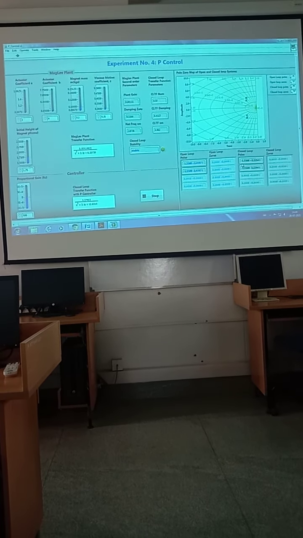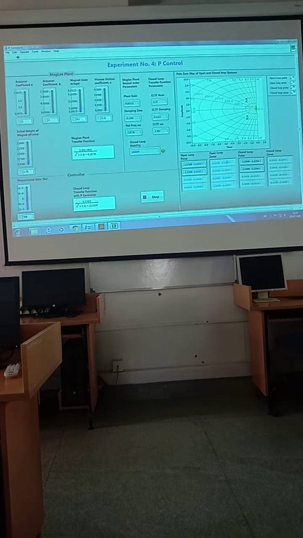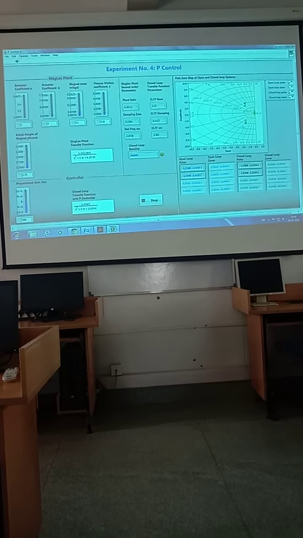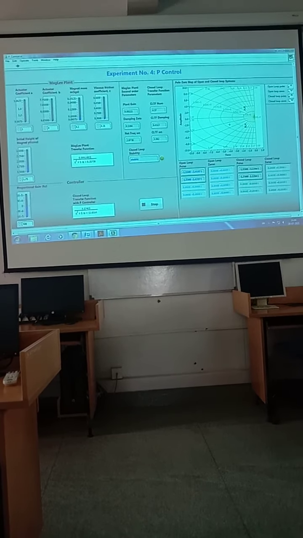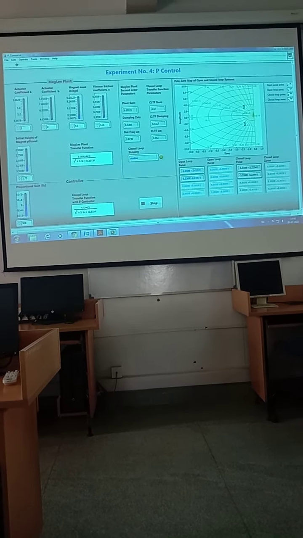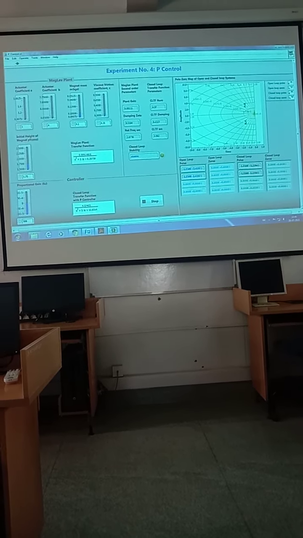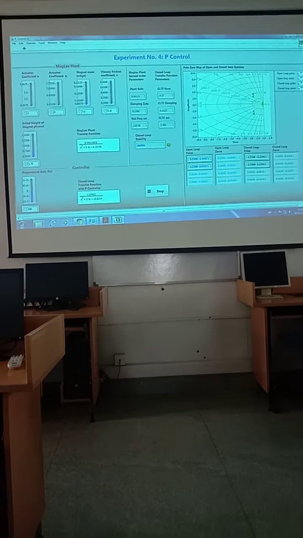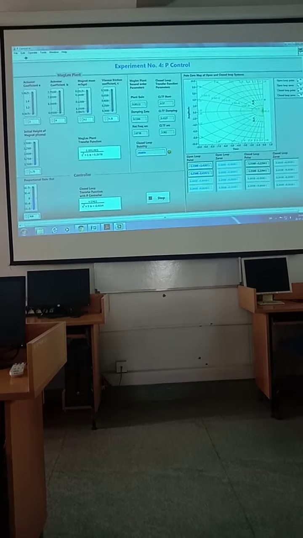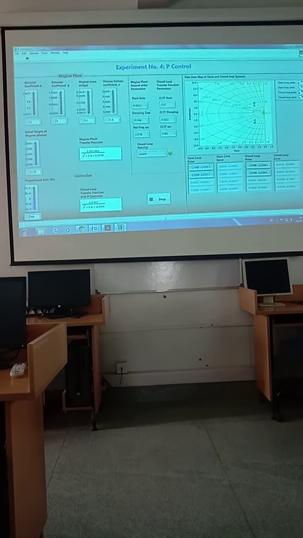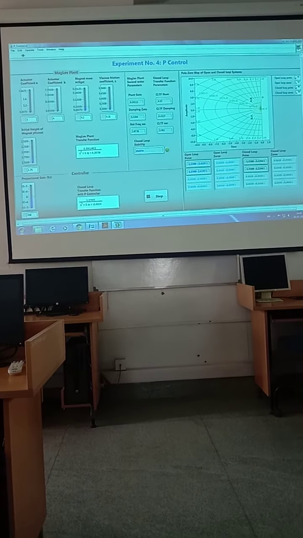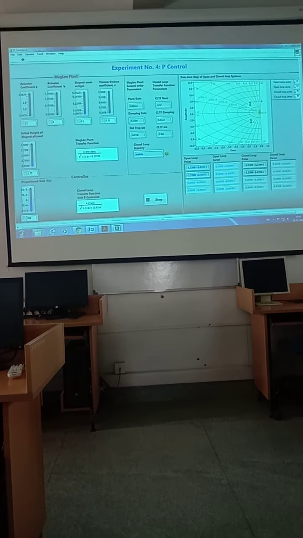It is getting away from the negative real axis. This is the negative real axis. See, the stability is what I told you. In the complex plane, all the poles must lie on the left side of the complex plane. Then only the system is stable. If it goes towards the right side, then the system is unstable.